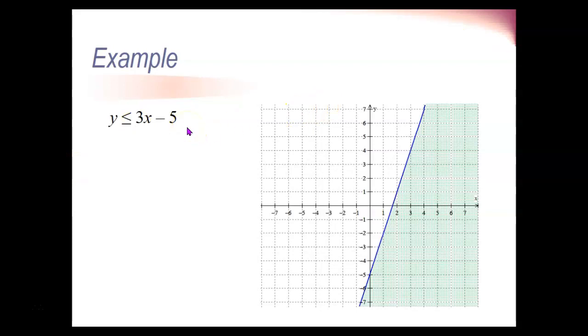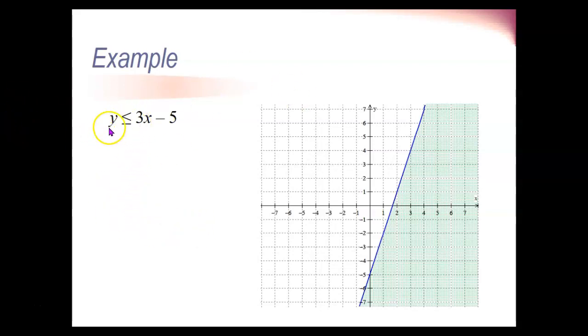The easiest way to draw the line might be to start at −5 on the y-axis, and then have rise over run be up 3 and over 1 to get the direction for the line. Now this time I draw the line as a solid line because we are including the points on the line. It does say y is less than or equal to 3x − 5.